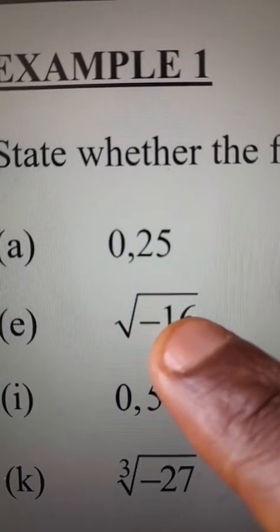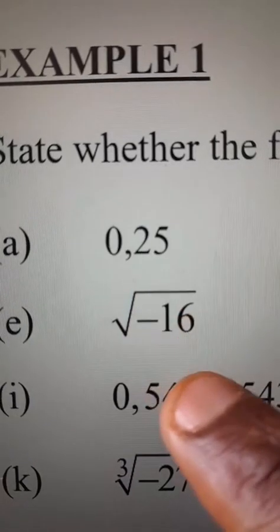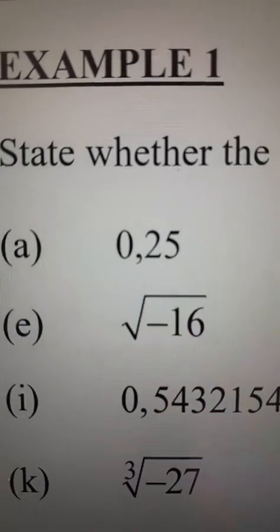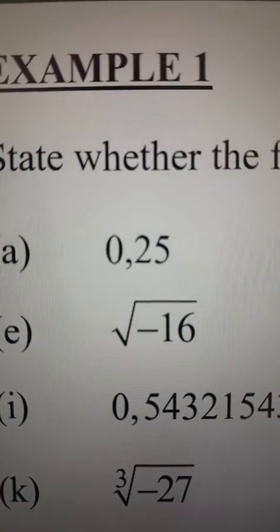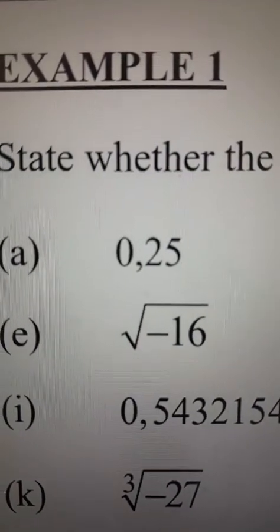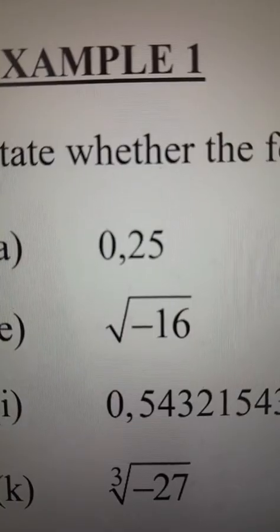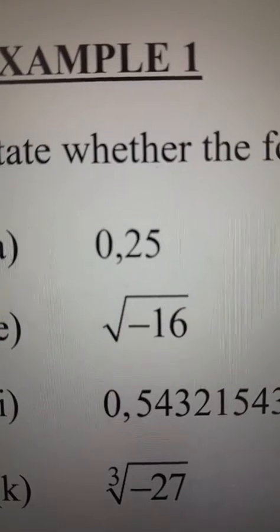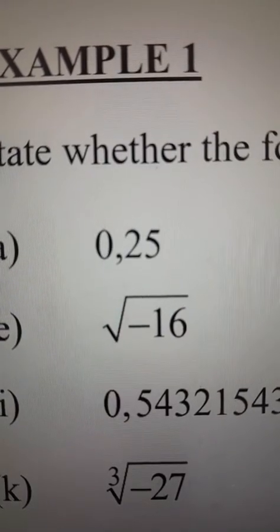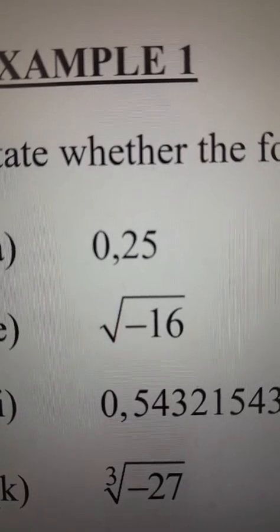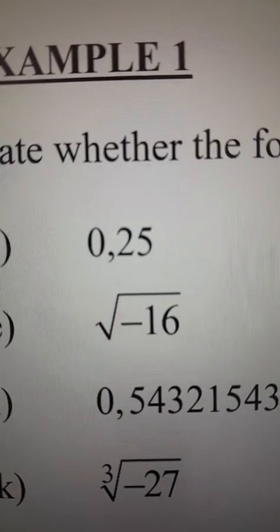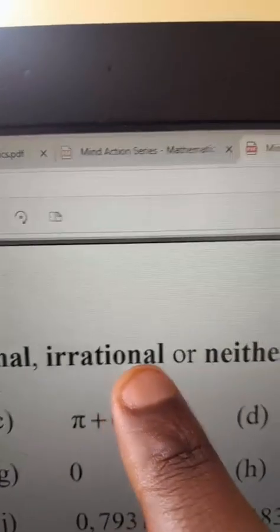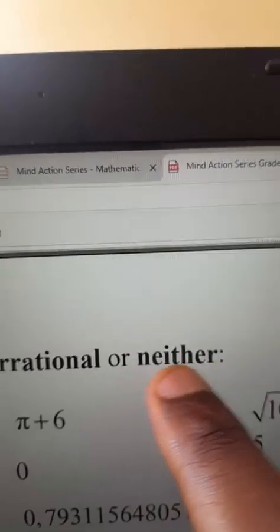Square root of -16. That's the even root of a negative number, Elita. Is it rational, irrational, or neither? No, Elita, it's not irrational. Okay, the options you have: rational, irrational, or neither.